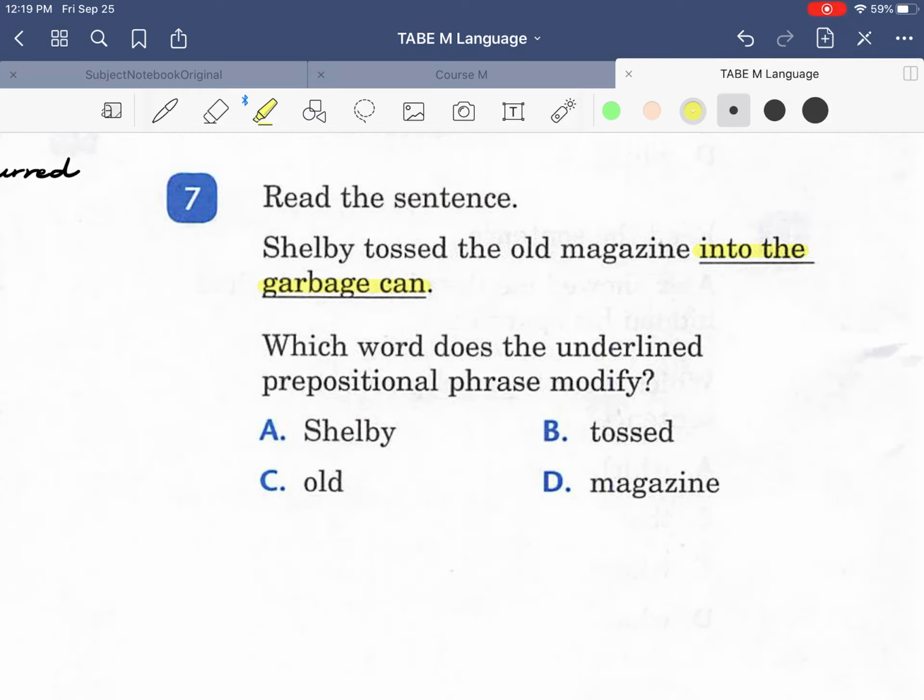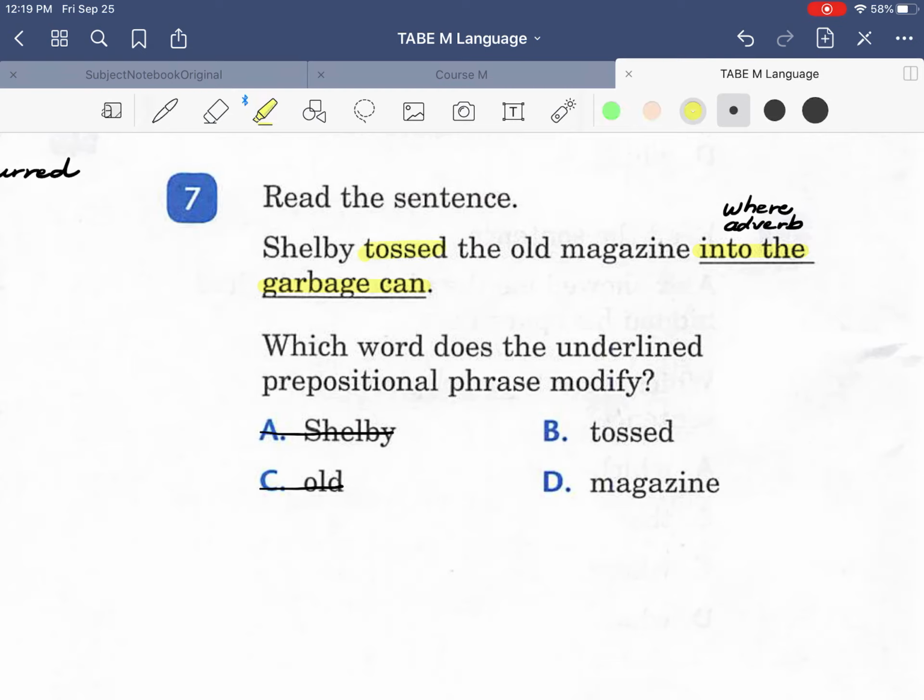Now this one's a little bit tricky. Be careful here. Eliminate what you can. Shelby and old are not my answers. It's either tossed or magazine. This tells where, so it is an adverb. So it's the verb that it modifies.